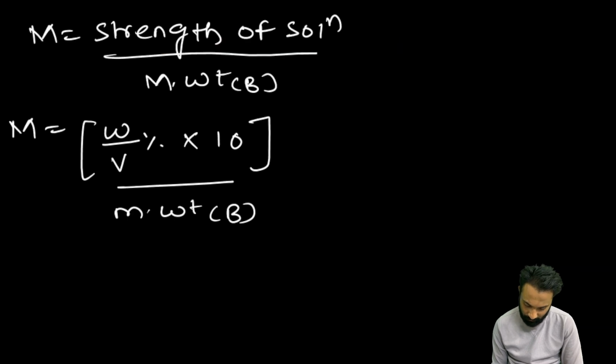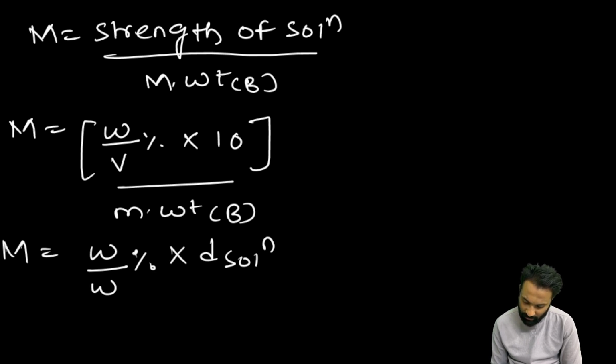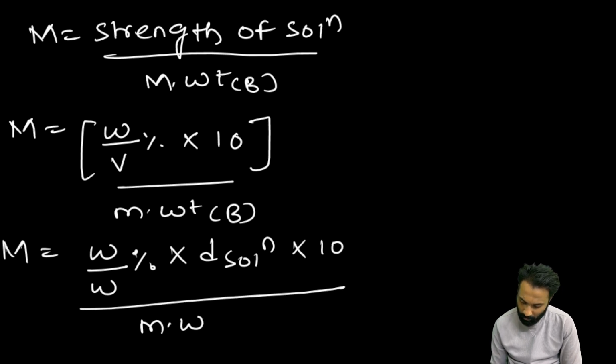So can I put weight by weight percentage into density of the solution here? Then molarity will be equal to weight by weight percentage into density of solution into 10 by molecular weight of solute, right? Clear?